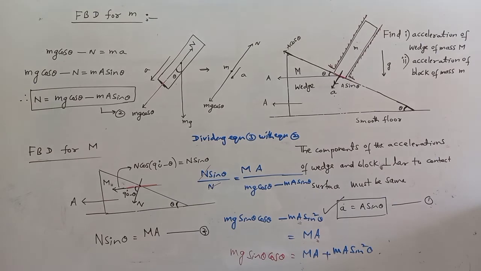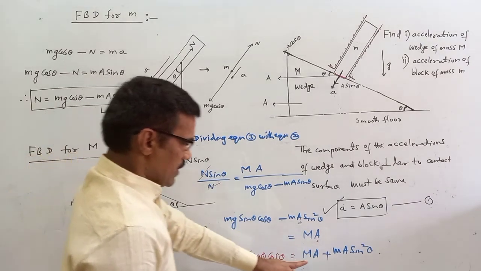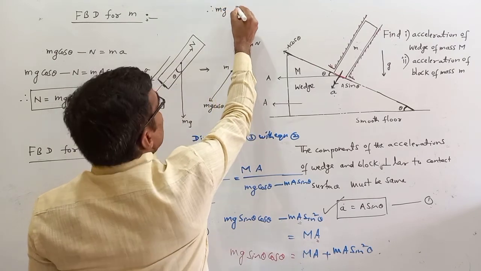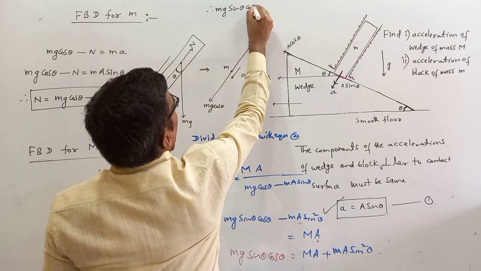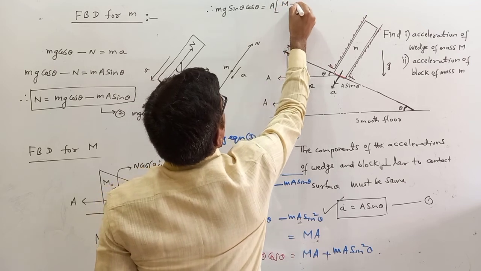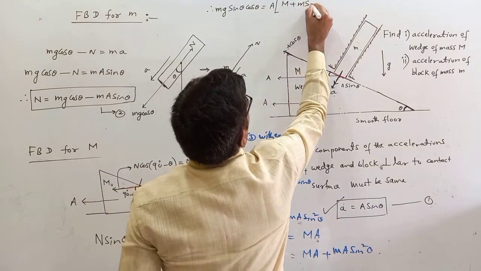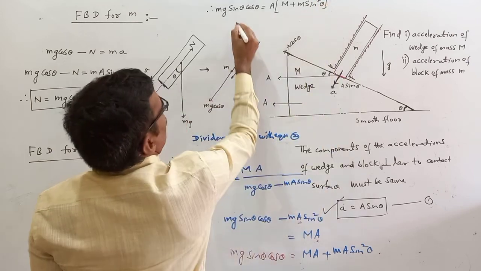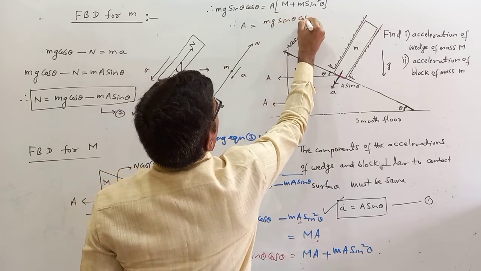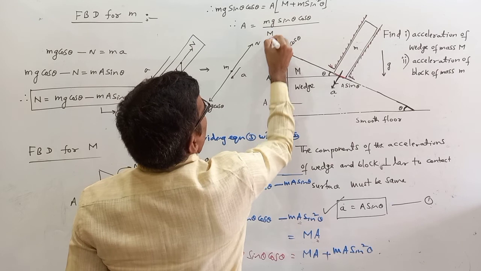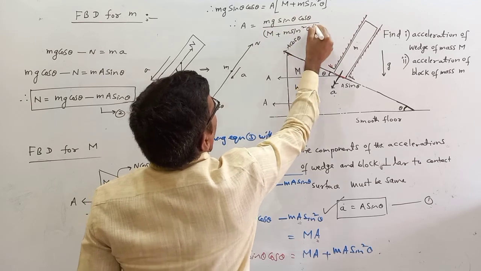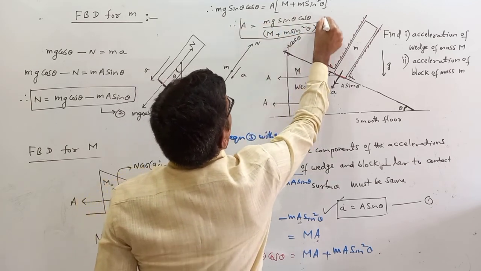A is common, so mg sin theta cos theta equals A times capital M plus small m sin square theta. Therefore, capital A equals mg sin theta cos theta divided by capital M plus small m sin square theta.